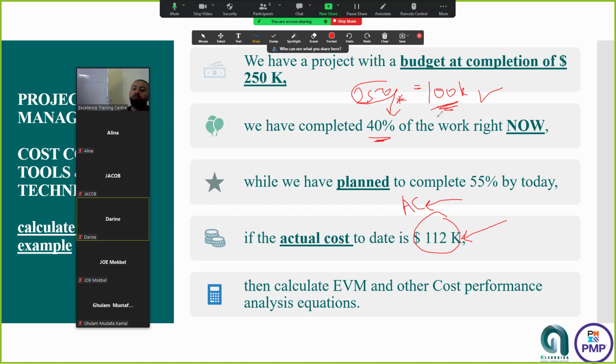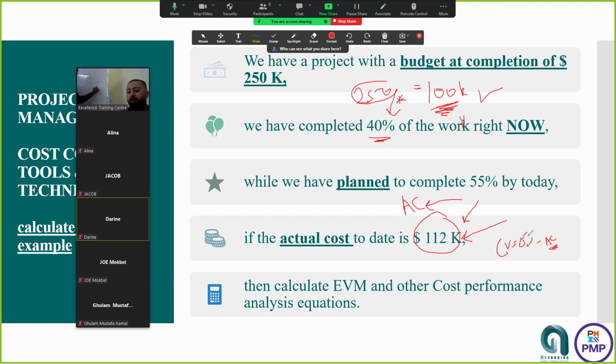So are we within budget, below budget, or over budget? We are over budget. Why? Because the AC is larger than what we have finished, right? What you have done is CV equals EV minus AC.